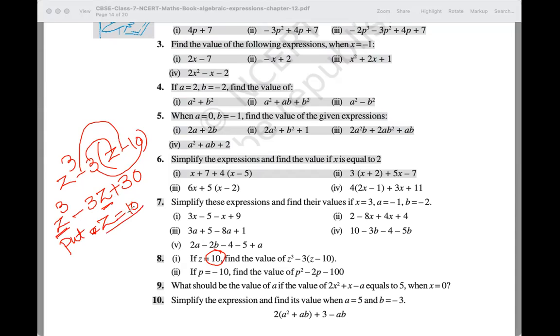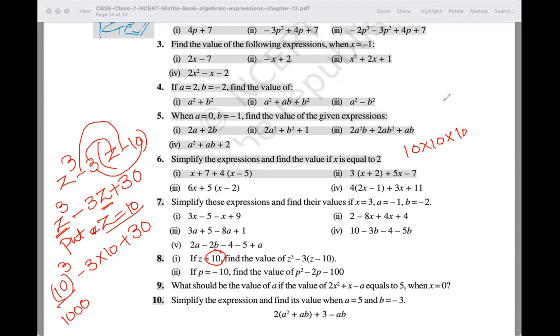So if you put z as 10, what is the answer? Let me know. 10 cubed minus 3 into 10 plus 30. Are you hearing? So 10 cubed, people say 30, I say 1000. Why do I say 1000? Because 10 raised to the power 3 is 10, 10, 10. It gives 1000.